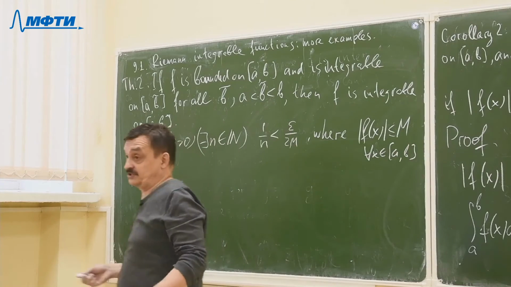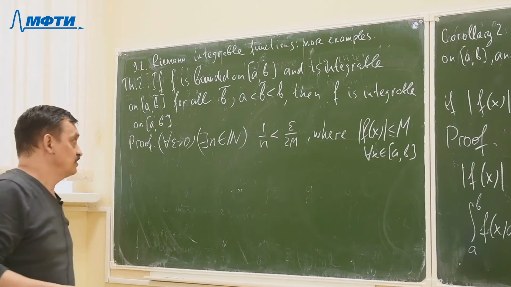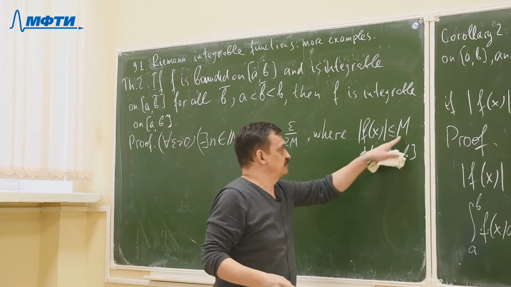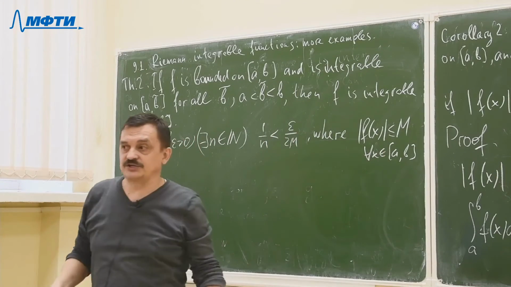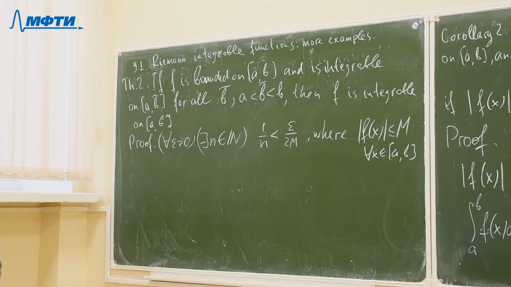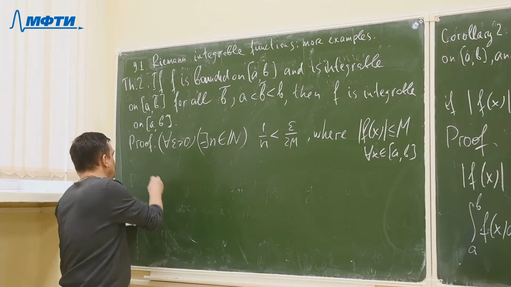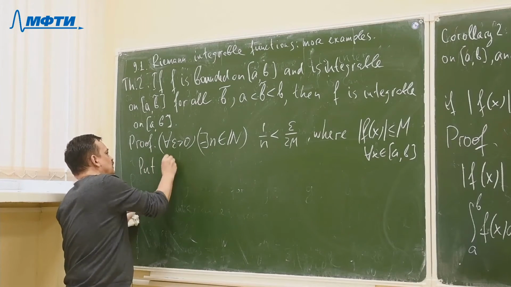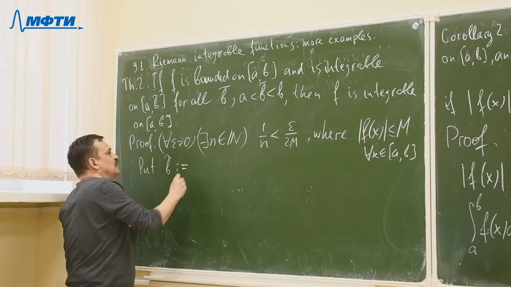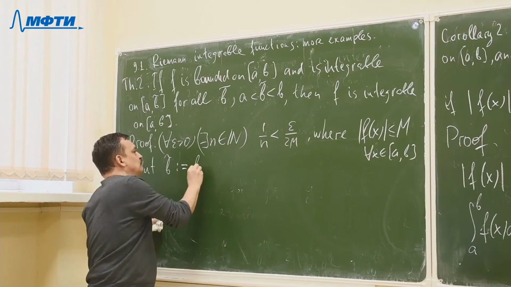We know the function f is bounded, so there is such a constant, and I choose one of them here. Okay, then put b tilde equals b minus 1 over n.